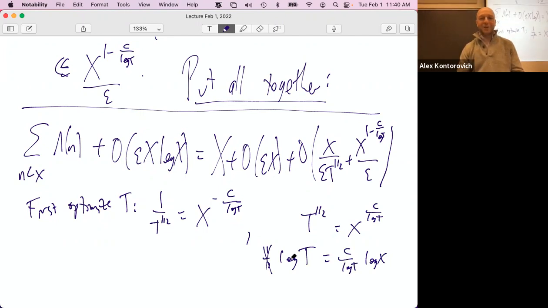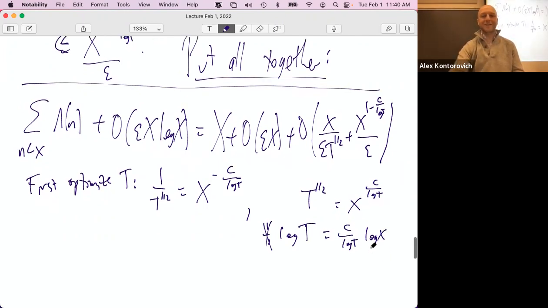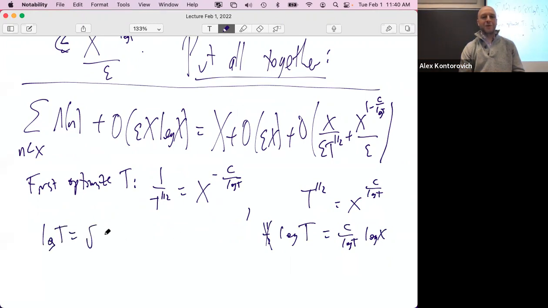Then I get log t squared equals log x. So log t is equal to the square root of log x with some constant. The constants are different on every line. And so t is e to the constant root log x.